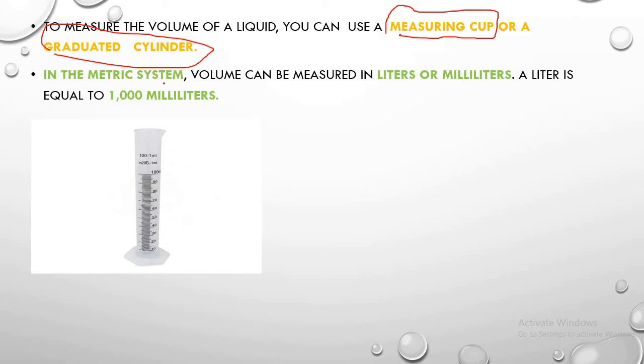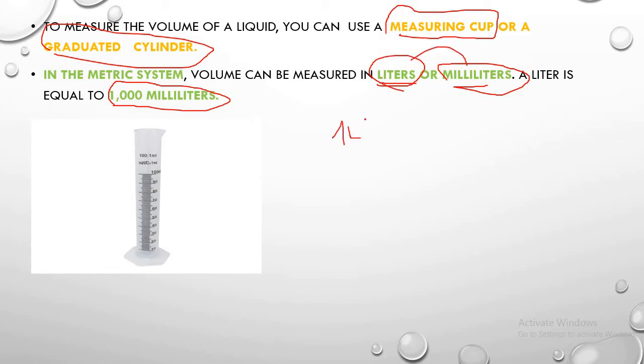In the metric system, volume can be measured in liters or milliliters. 1 liter is equal to 1000 milliliters.